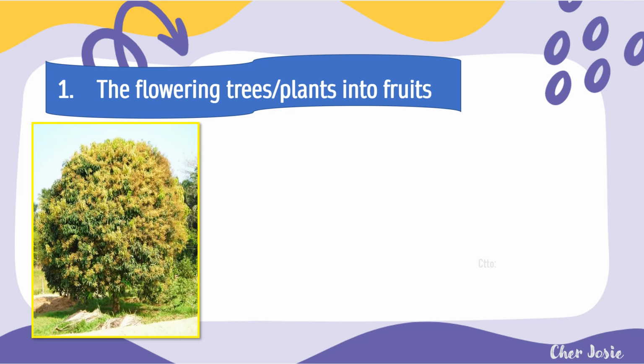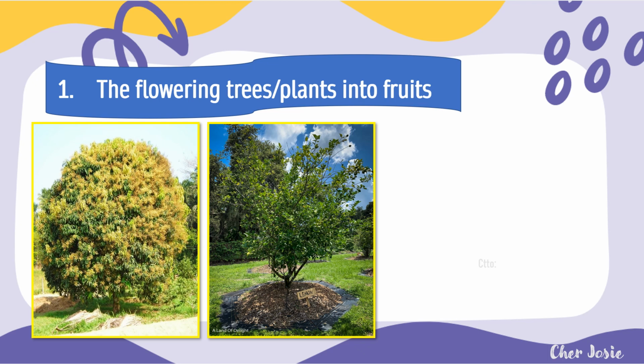We all know that plants grow from seed or from bark or from stalk or leaves. And then they will grow fast and give us food or ornaments, right?